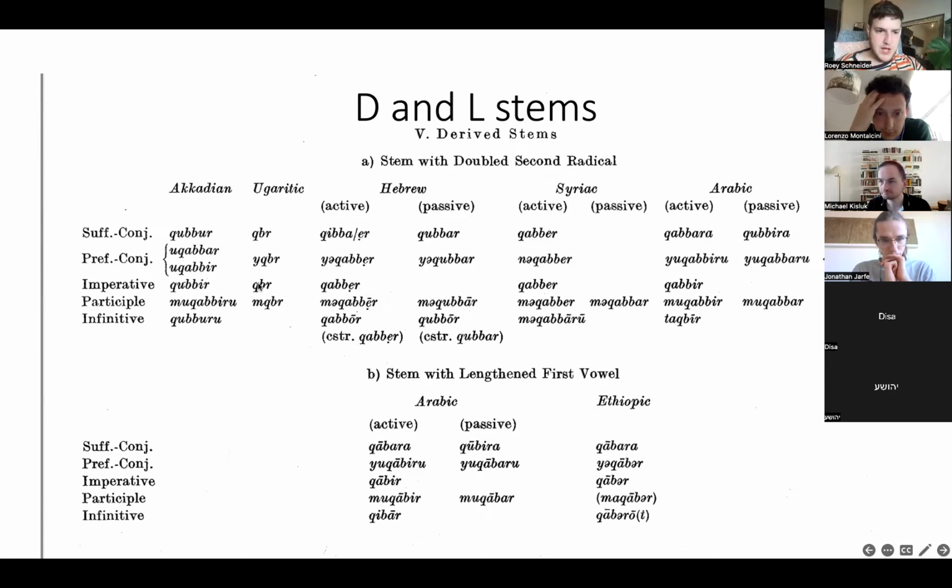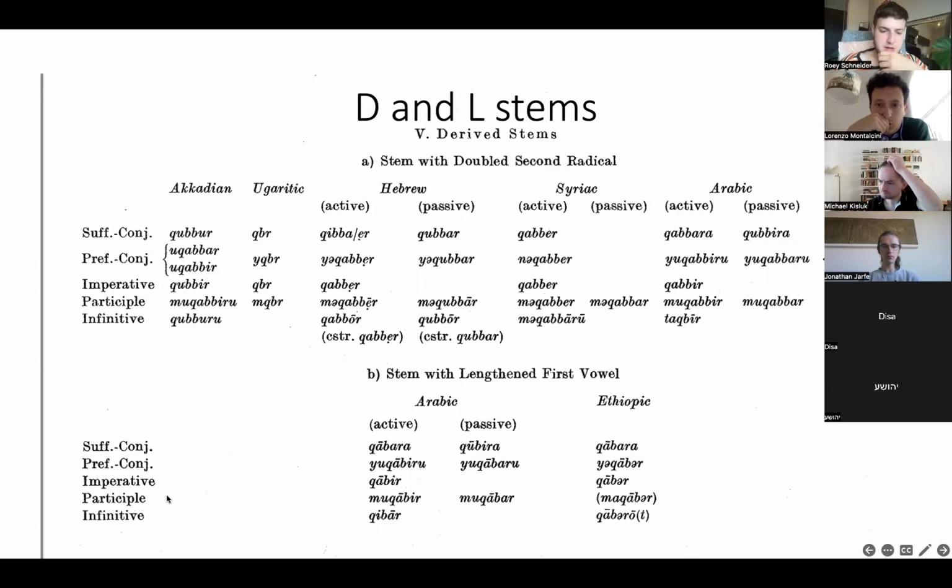These are maybe the most simple stems, the D and the L. The D is just when the second radical of the root is lengthened or geminate, and the L is when there is a long vowel between the first and the second radical. The L stems are more characteristic of South Semitic. They occur in Arabic and in Ethio-Semitic and possibly modern South Arabian.